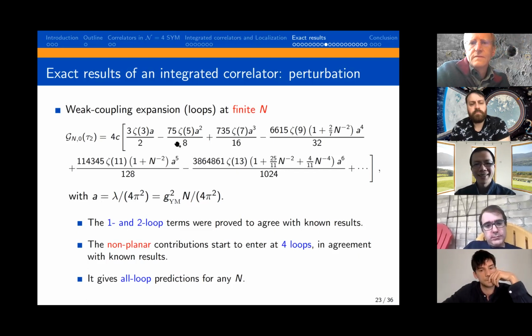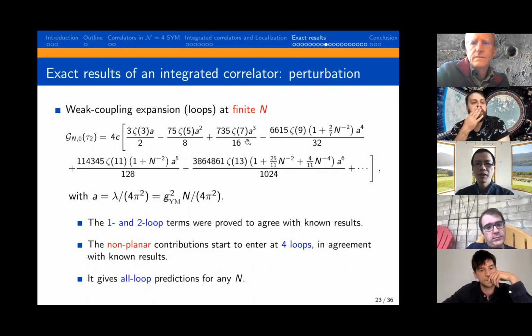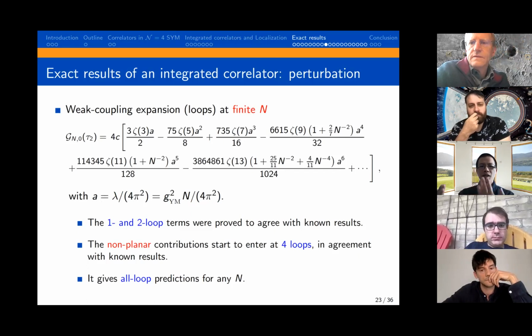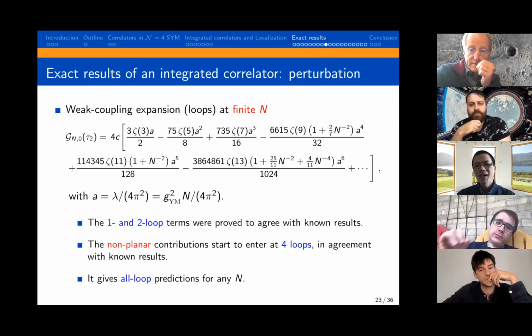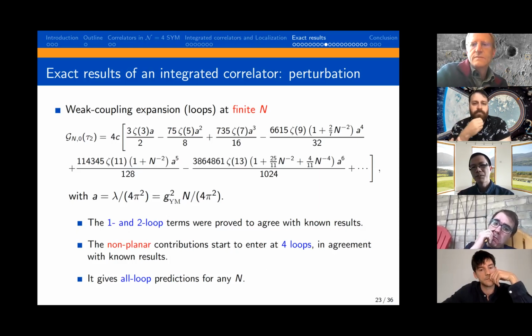One thing you notice is that it's simple: it's always given by zeta values. In particular, we want to check that our object agrees with the standard perturbative result. As I mentioned, the result was known at 3 loops, and the integrand is known to 10 loops.